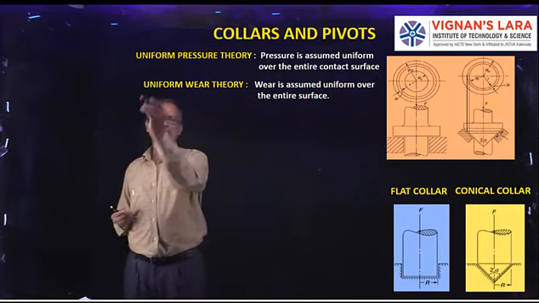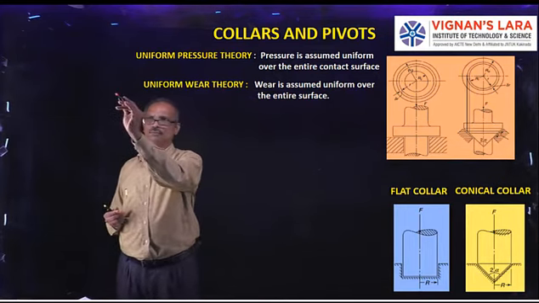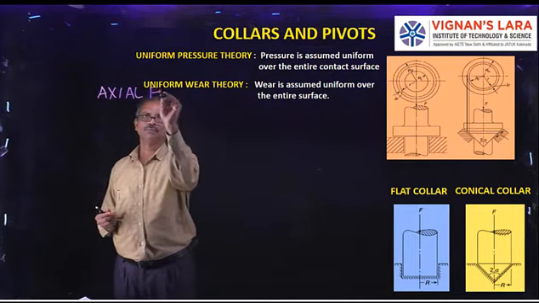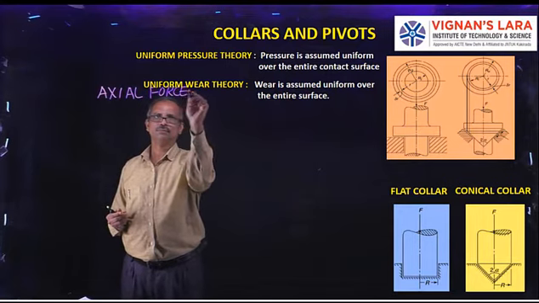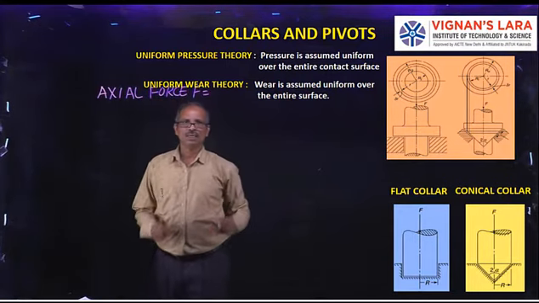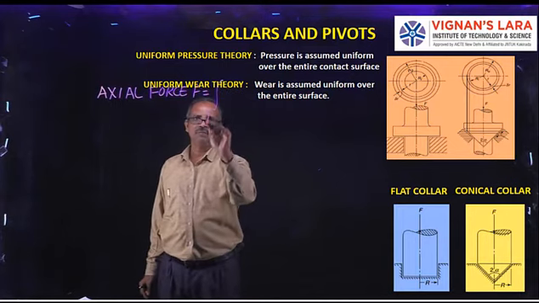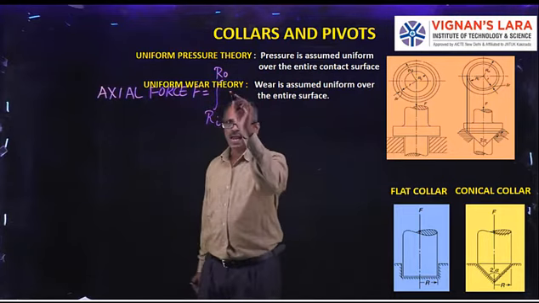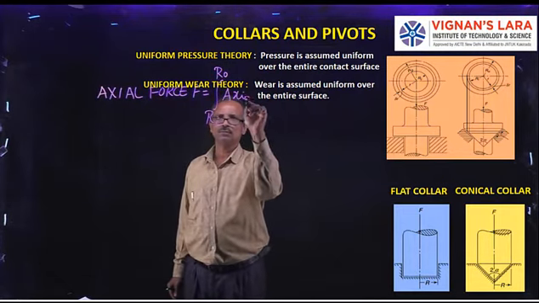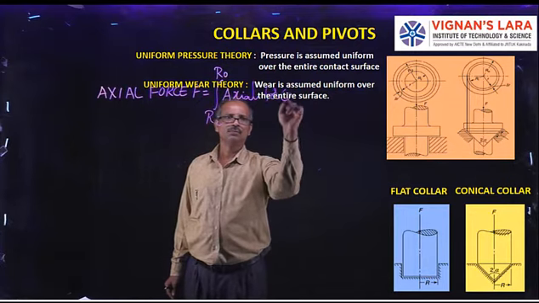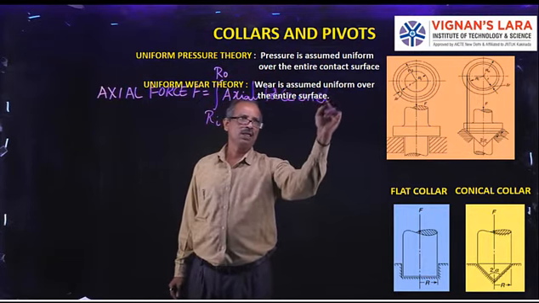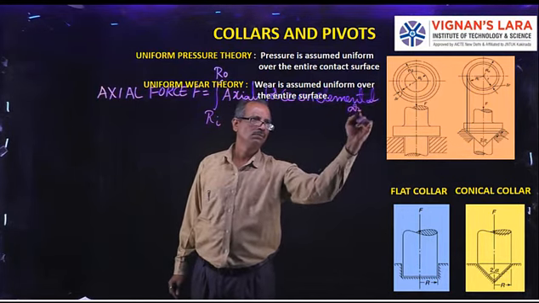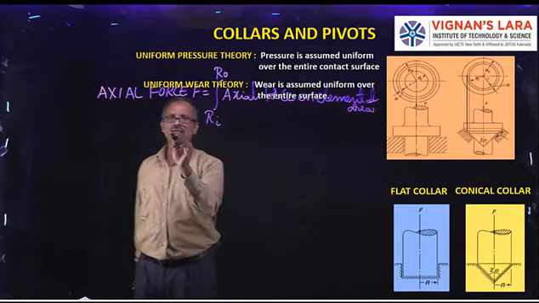So the axial force F, within the limits of Ri to R0, is the axial force on the elemental area. How do we get this?